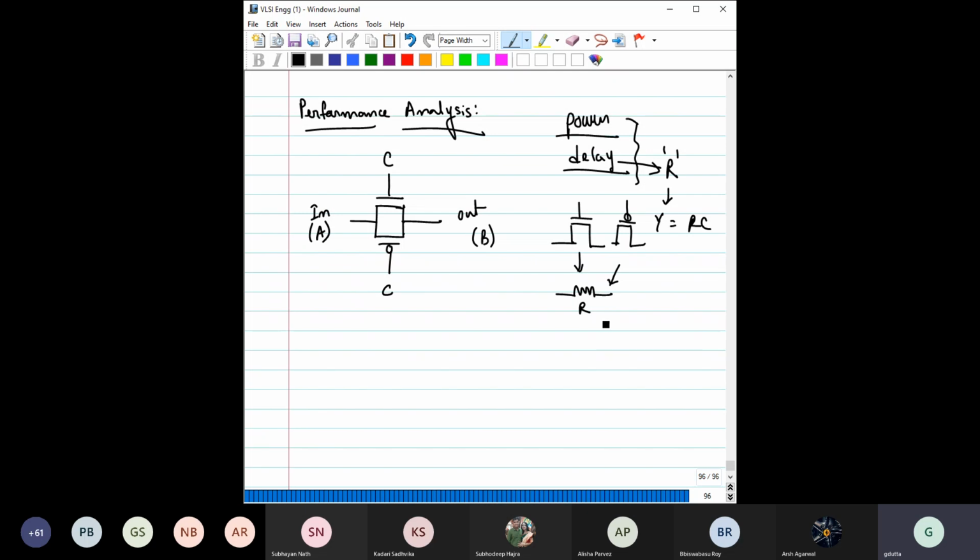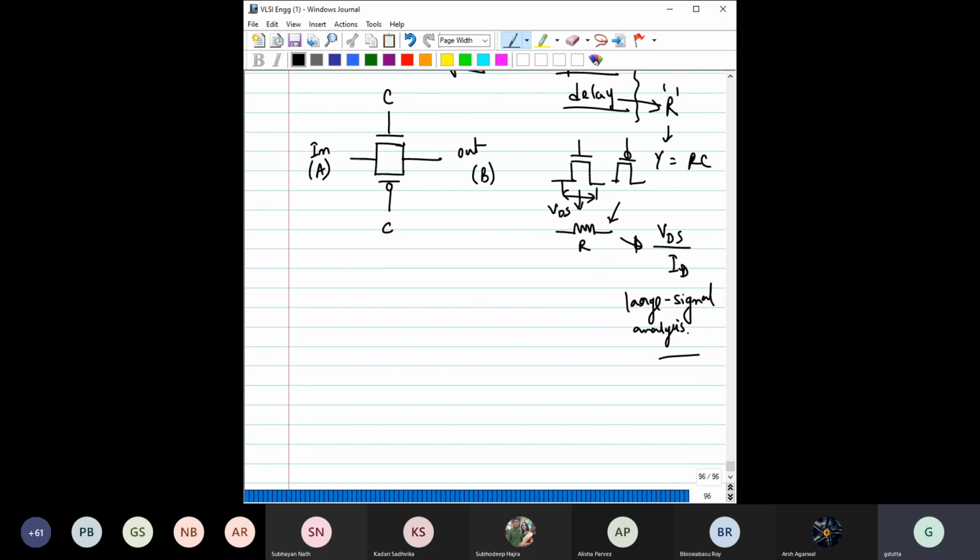And how do you find the resistance? It is easy. You first find the VDS and then divide it by the current that is flowing. So it is basically the large signal resistance.